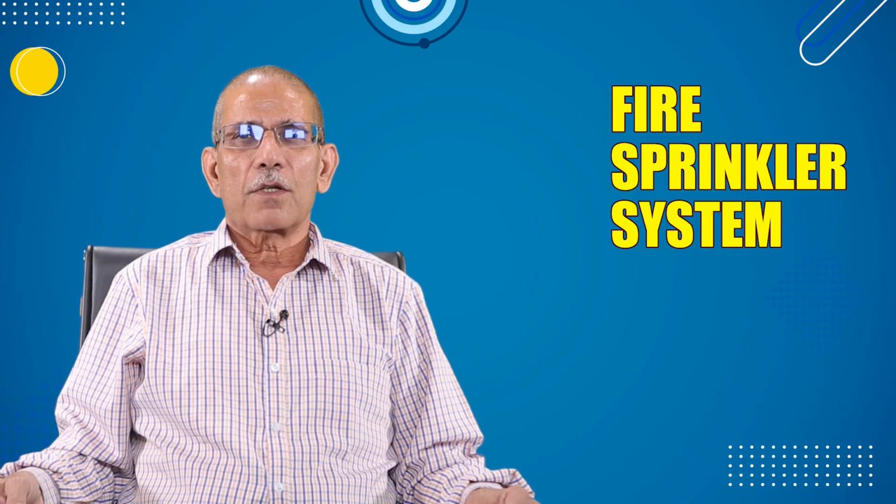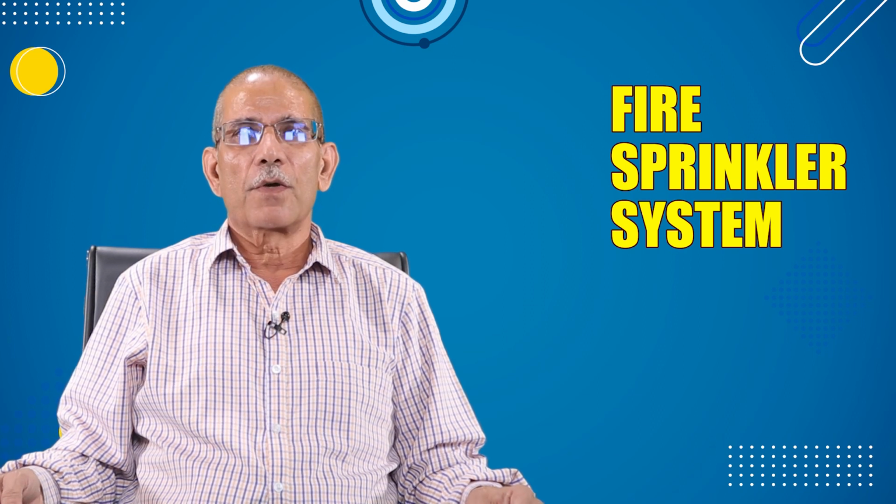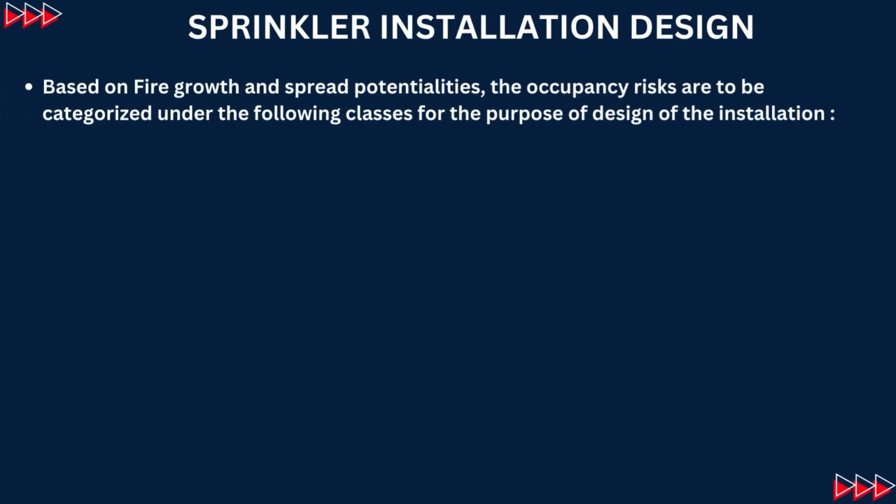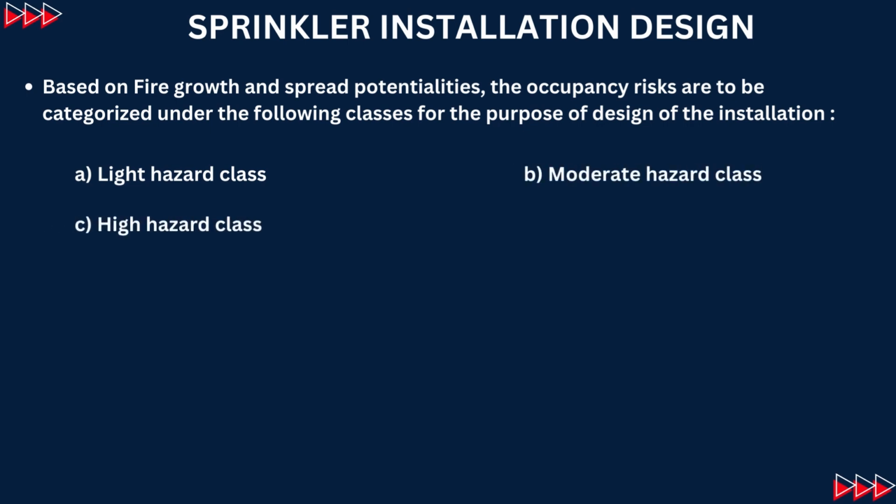The installation design of a sprinkler system is very significant. A wrong installation will defeat the purpose, and may even cause more damage. Based on the fire growth and spread potentialities, the occupancy risks are to be categorized under the following classes for purposes of design and installation: light hazard class, moderate hazard class, high hazard class, and storage class.